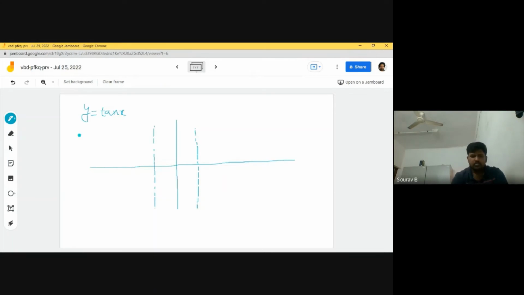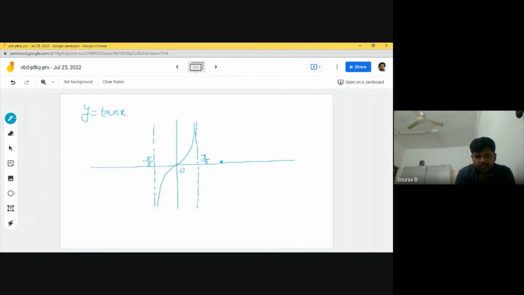So you can see this is the curve. This is 0. This is minus pi by 2. This is pi by 2. Okay, and then this curve, this thing will repeat.